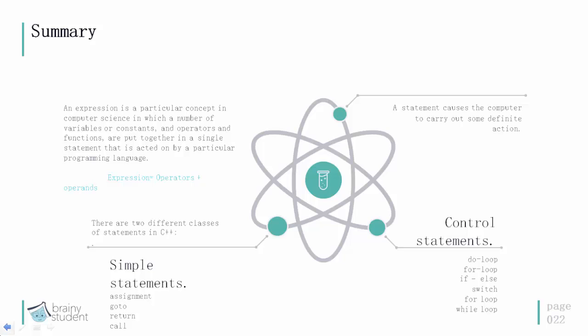C++ mainly provides two types of statements: simple statements and control statements. A simple statement causes the computer to carry out some definite action. For simple statements, we have assignment, goto, return, and call. For control statements, we have if, switch, for loop, while and do while.